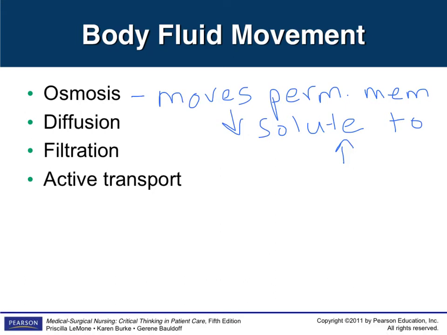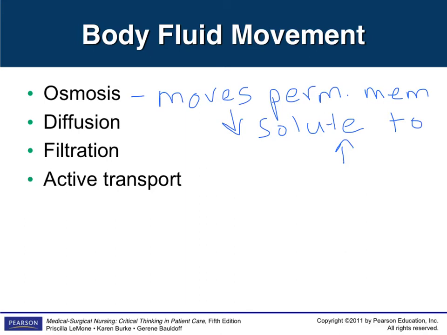So a colloid is the solution, the power of the solution to draw water across a membrane. It's osmotic pressure of the solution. So this is where you would have a patient who is third spacing, and you need to draw some of that fluid back into the cells.